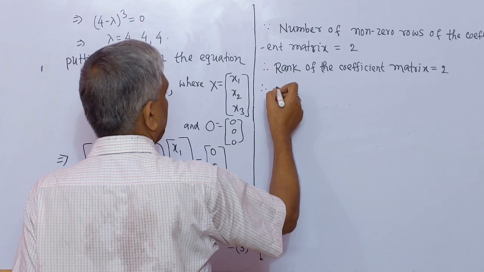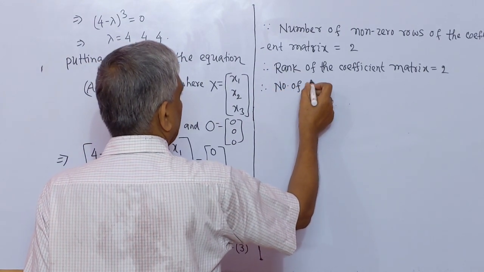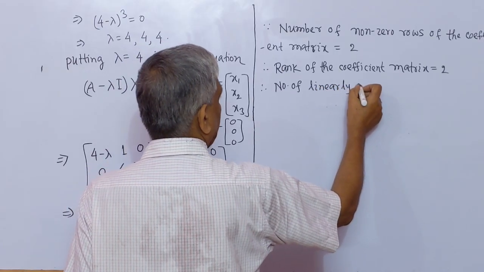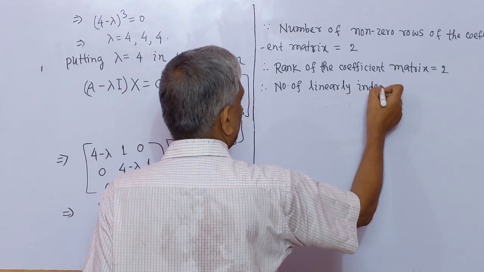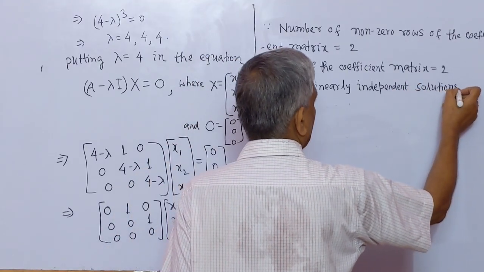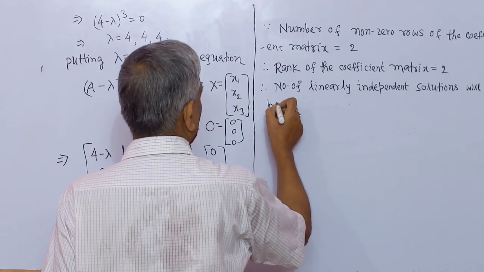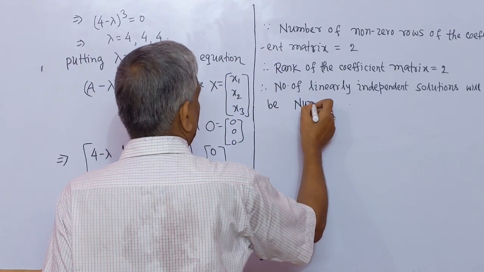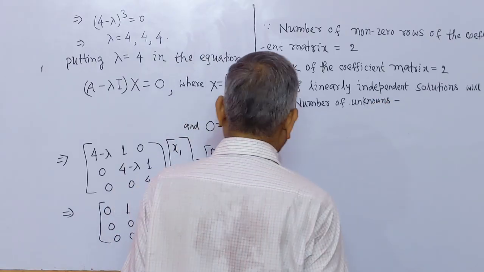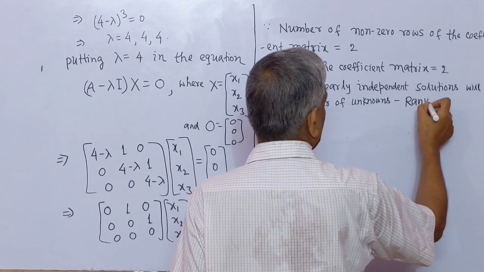Therefore, the number of linearly independent solutions will be the number of unknowns minus the rank of the coefficient matrix.